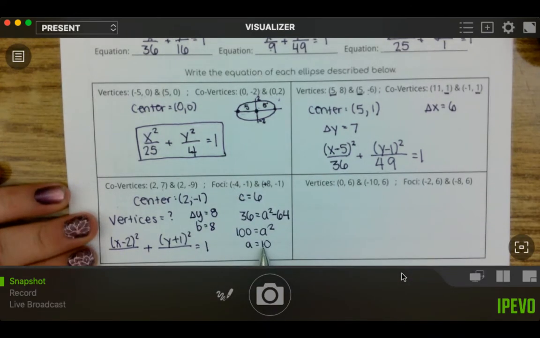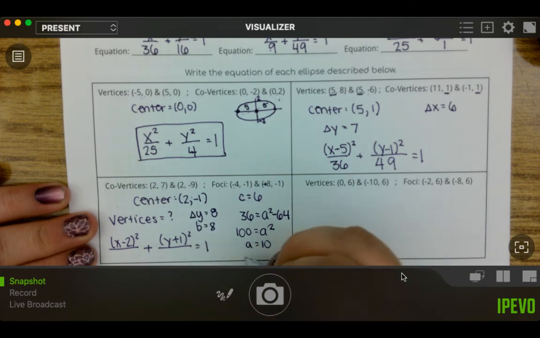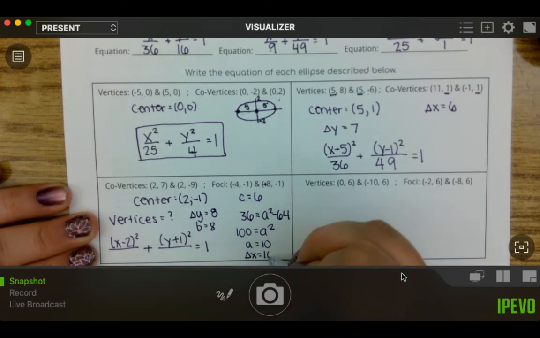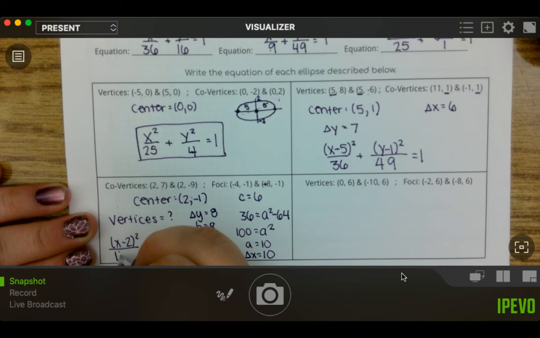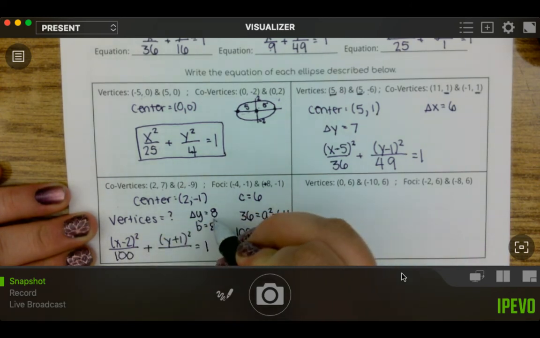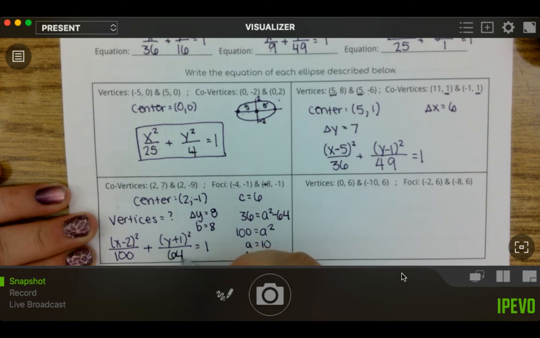A is 10. Now all we have to do is decide which letter this goes with. Well, we already know that the change in y is 8, so this would have to be my change in x. You can't have both be y, so if this is 10, this is going to turn into 100. And if this is 8, my 64 is going to go down here. There we go.